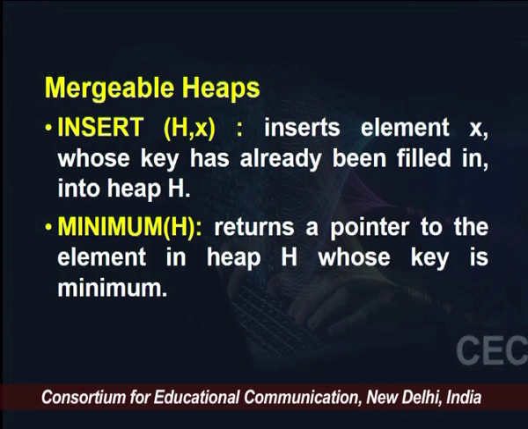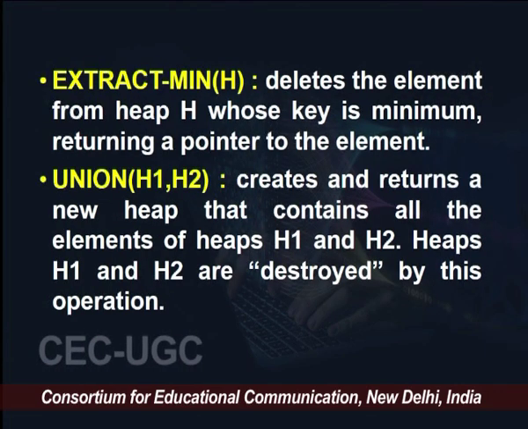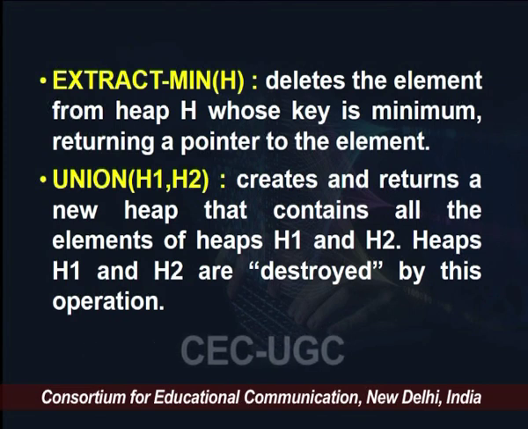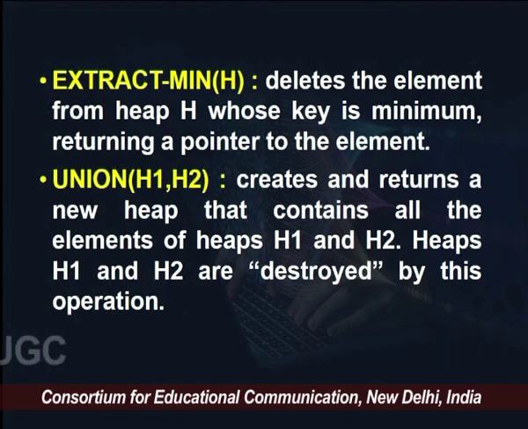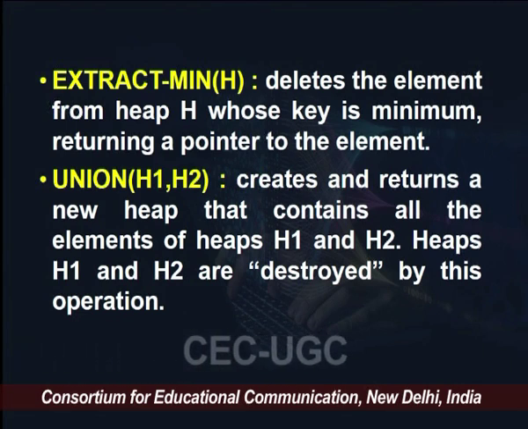Then there is extract min h, which is also an operation. We will be looking into all these operations in a short while in a detailed manner. And then finally union of two heaps, h1 and h2. So, all these are mergeable heap operations.